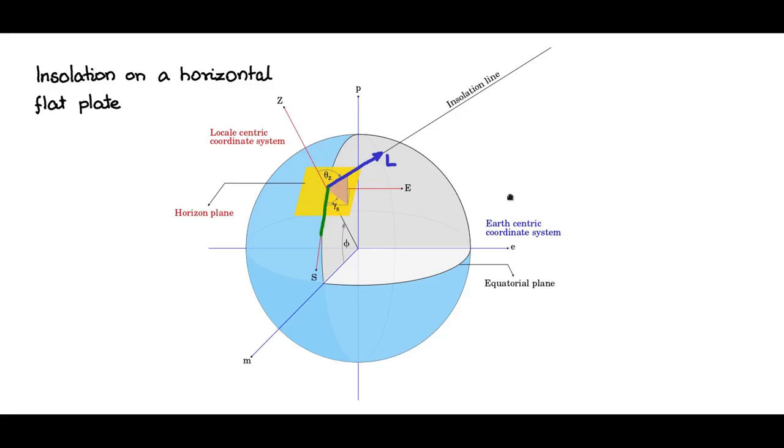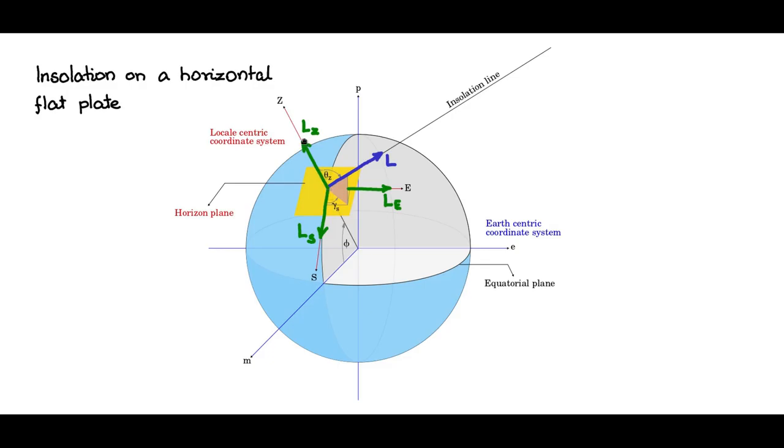And these resolved components are something like this. Let us say I name this as LS, the component along the south axis of the local coordinate system, the component along the east axis of the local coordinate system, I will call it LE, and the component along the zenith axis vertically up, I will call it LZ.